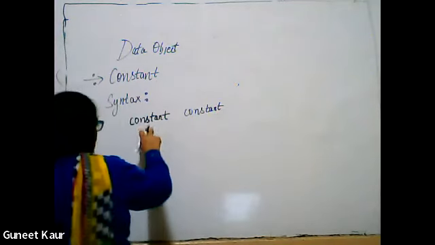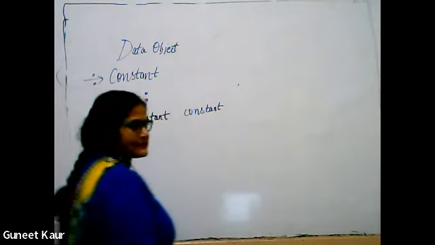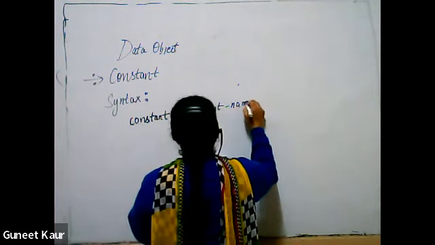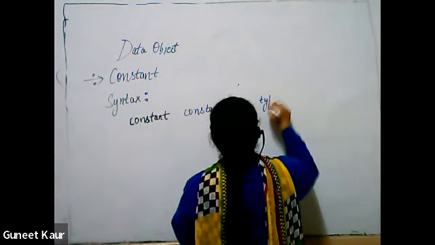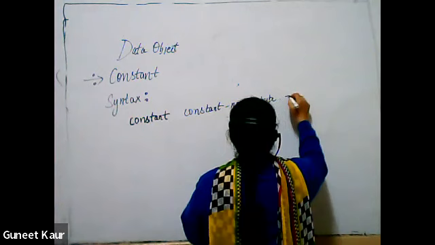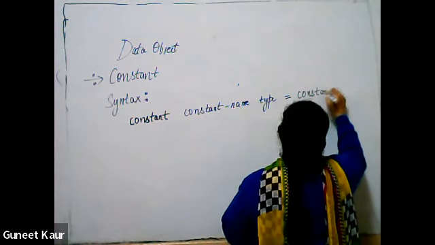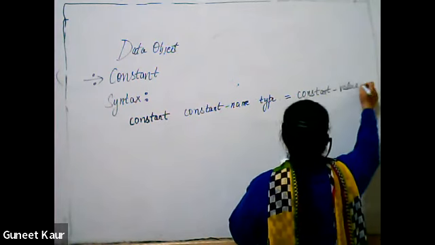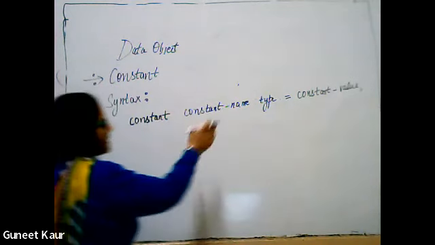Firstly, we have to define the class, that is constant, in bold letters. Then the constant name, which can be anything. Next is the type of your constant, colon equal to, constant value, semicolon.